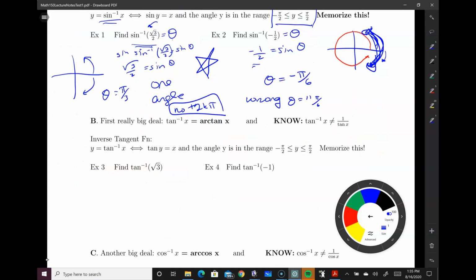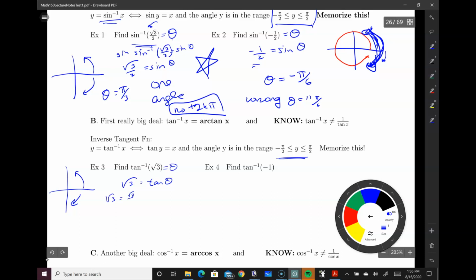Okay, arctangents, the same restriction. Arctangent is between negative pi over 2 and pi over 2, so that makes it kind of easy. Use the same restriction. So I'm thinking, what is the angle that when I take the tangent of it, I get root 3? So I think in terms of sines and cosines.